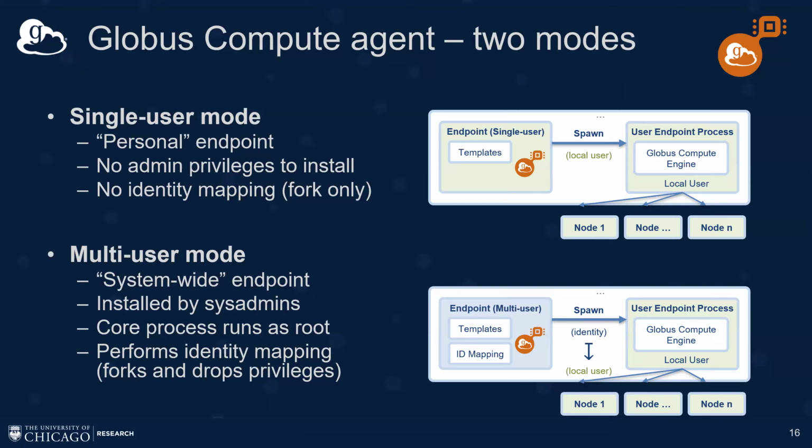The single-user mode is exactly the same, except for one little thing: it's already mapped. It runs as that user. So the listener process runs as that same user. There is no ID mapping. It still forks the transient endpoint process, and that's it. And the reason we do it is because configuration is templatable.